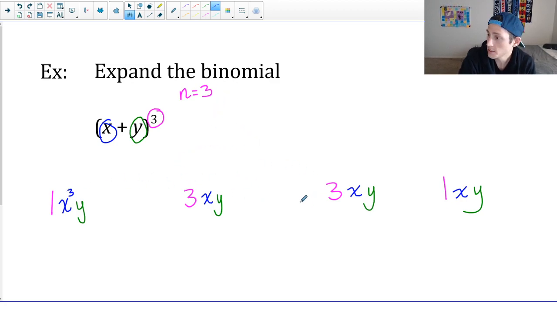And then for each next term, I'm just going to go down 1. So x cubed in the first term, x squared in the second term, x to the first in the third term, and x to the 0 in the last term. Okay, so the exponent just goes 3, 2, 1, 0.